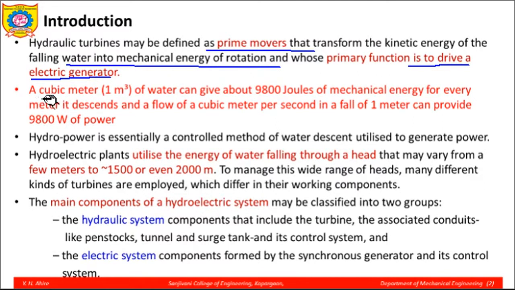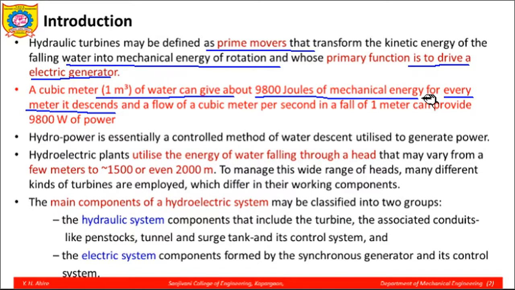Now there is one fact, 1 meter cube of water can give you about 9800 joules of mechanical energy for every 1 meter it descends. Okay, when 1 meter cube of water descends down by 1 meter distance, moves in a downward direction by 1 meter distance, it gives you 9800 joules of mechanical energy.